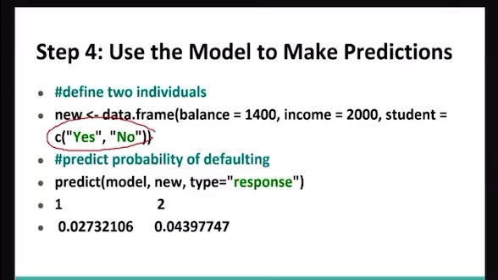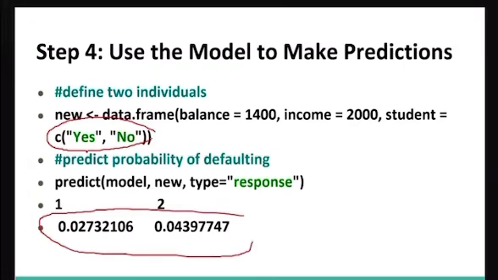But these two individuals have the same balance and the same income. Are they going to have the same probability of default? No. Look at that. The probability of default for the student is 0.027. The other one is the non-student, who also has the same account balance and income. Does that make sense now?